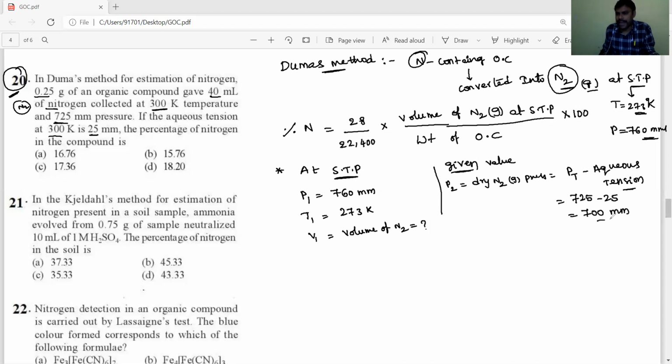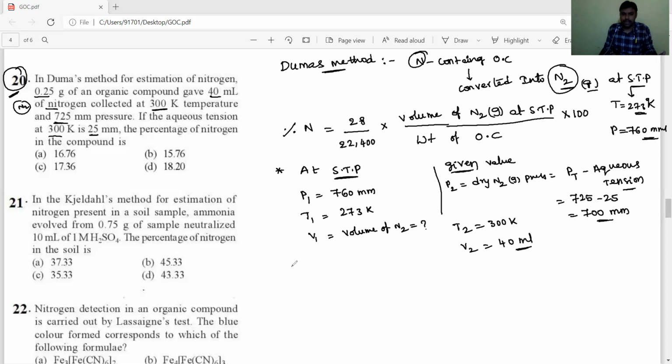Okay students, whenever aqueous tension is given, you have to subtract that aqueous tension pressure, then we'll get the dry gas pressure under the given conditions. And the temperature T2 is 300 kelvins, and the volume of N2 at 300 kelvins is 40 ml.